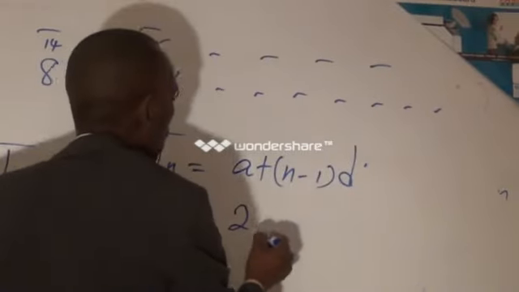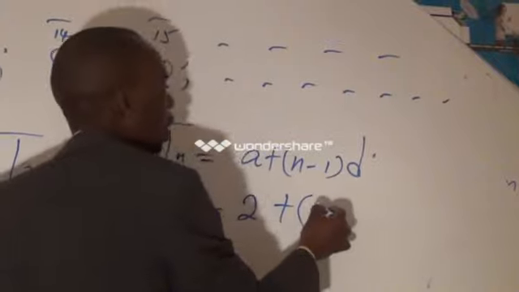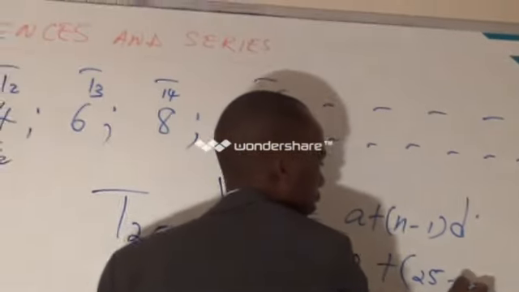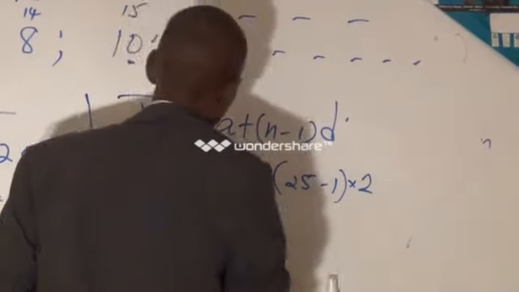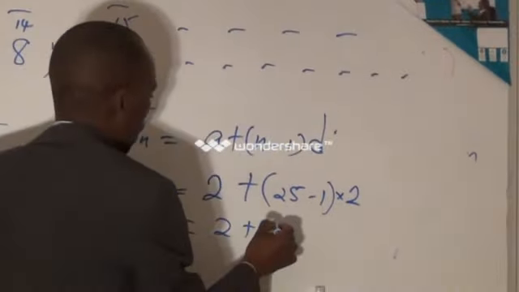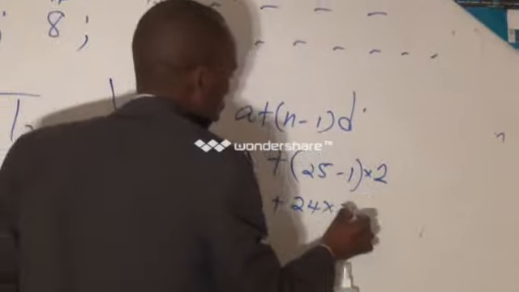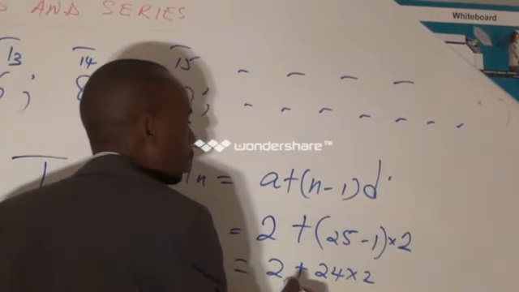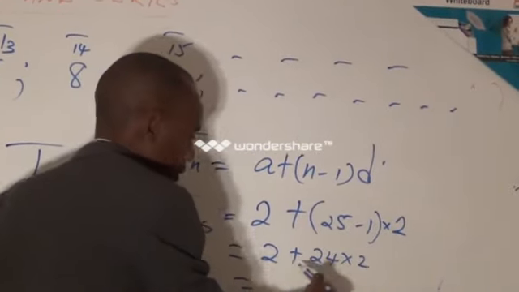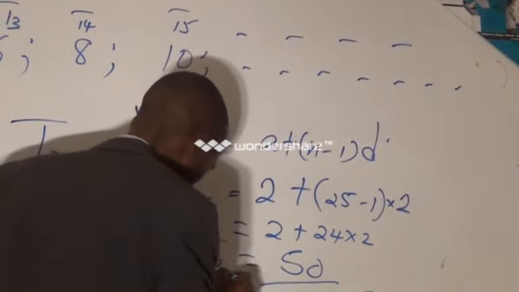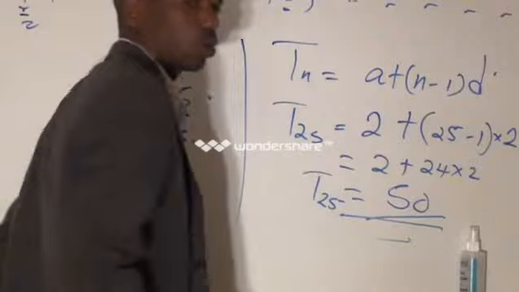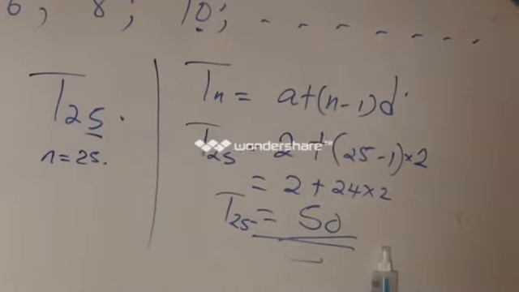So this will be equal to a, which is 2, plus 25 minus 1 times the common difference. What is our common difference? 2. So this will be the same as 2 plus 24 times 2, which is 2 plus 48. So T25 is equal to 50.